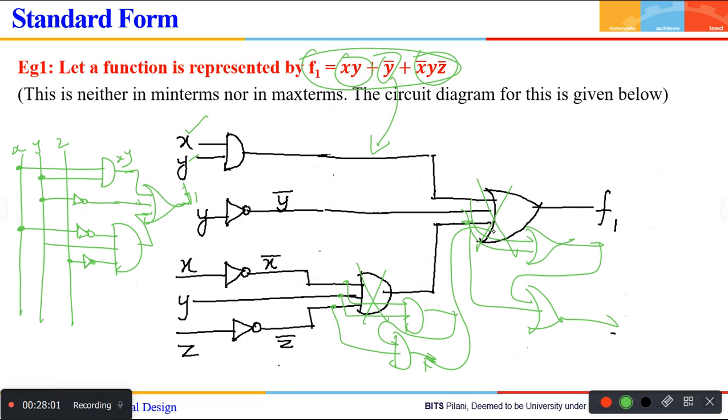Right. Now, how do you change this to have only universal gates? Right. One way of doing that is you replace every gate with its equivalent NAND gate.